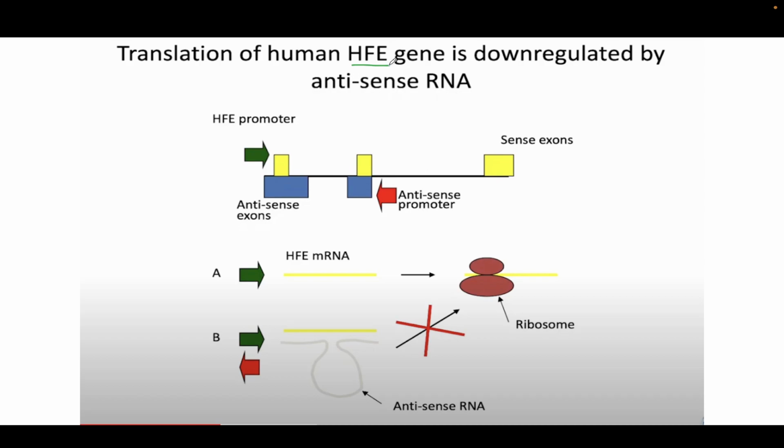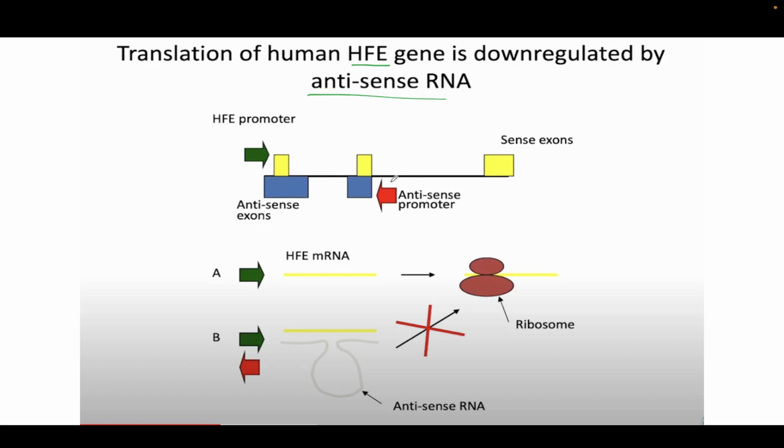Fe stands for iron, so this gene specifically regulates the iron balance inside the body. That HFE gene is downregulated by antisense RNA. Sometimes we need to upregulate a particular gene and sometimes we need to downregulate a particular gene. So this non-coding RNA helps in downregulating this HFE gene using an antisense mechanism.